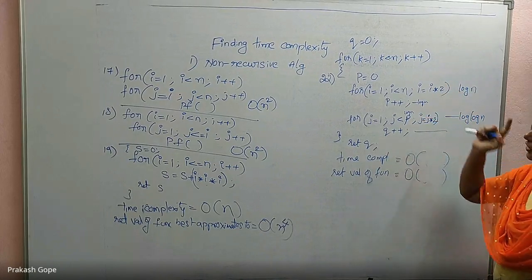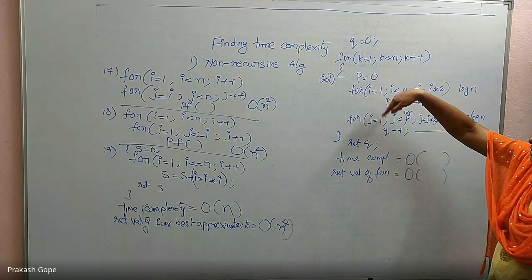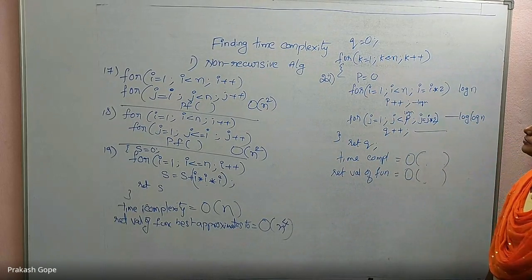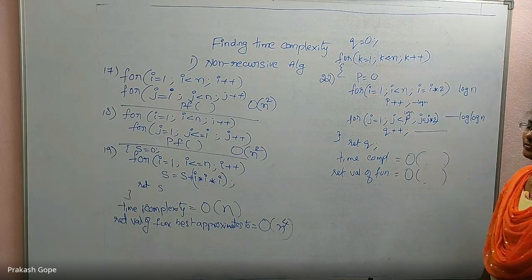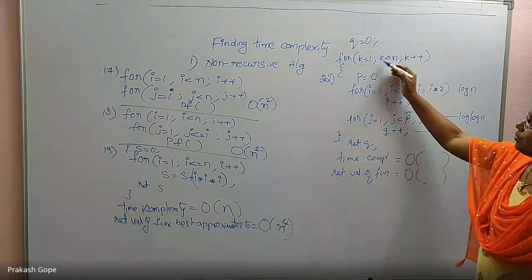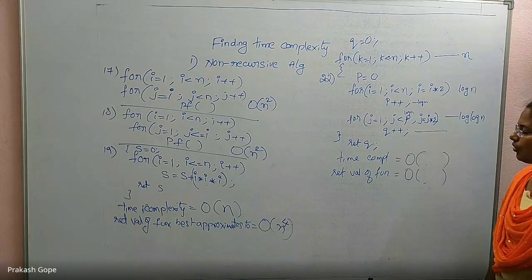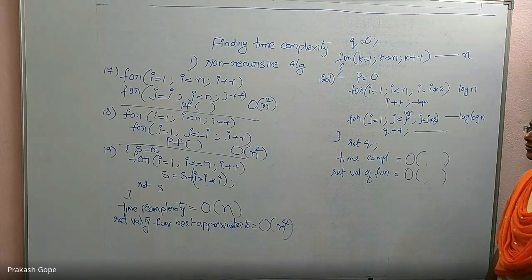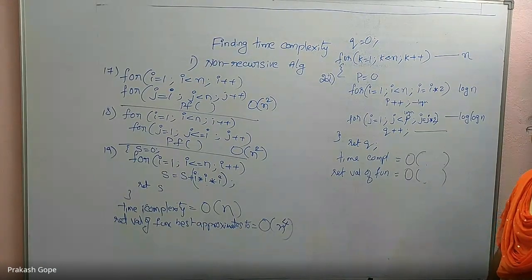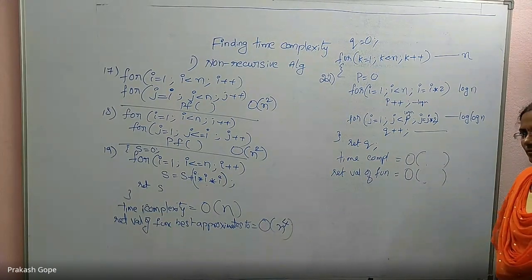I am not touching it anywhere in the function. But this p is becoming 0 for each iteration. It starts from 1, goes till n, k plus plus, which means it runs for n times. Time complexity big O of n log n. Okay, return value. N into log n, ma'am.